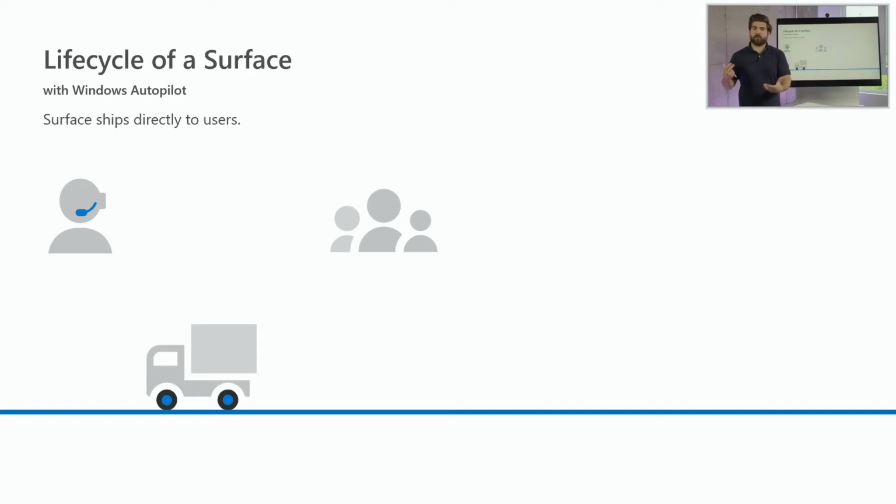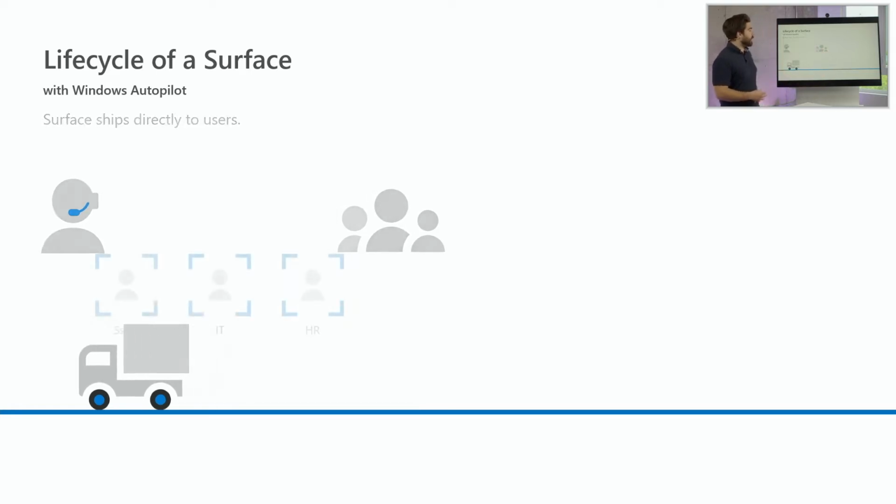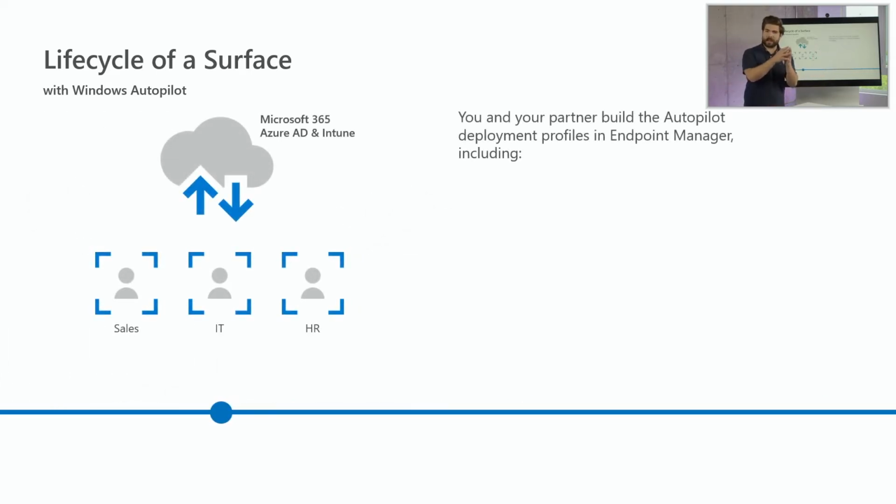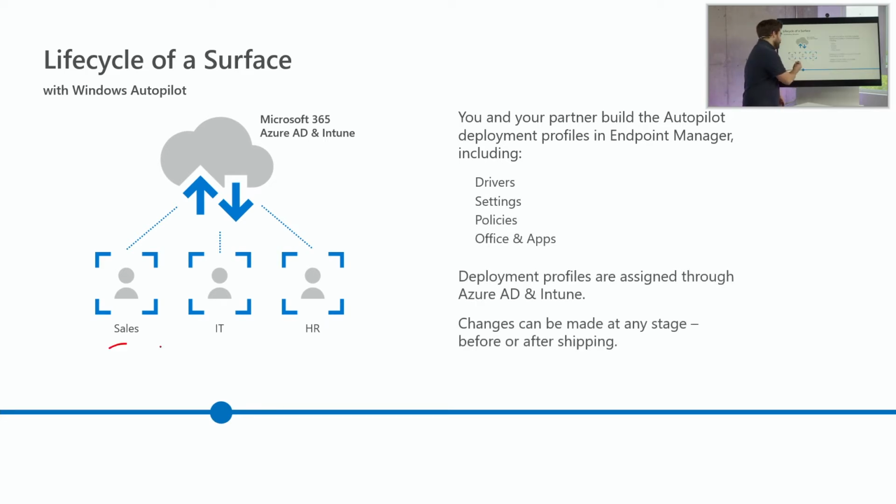These deployment profiles can be created either initially upon the purchase of the devices or even while they're still in transit. IT members can be building these deployment profiles via the cloud, and again, they can be built for each individual or even each role. So everyone within your sales department or your IT department or even your HR department will have a completely different deployment experience depending on the kind of applications that they need.